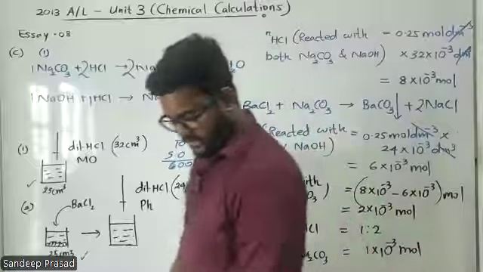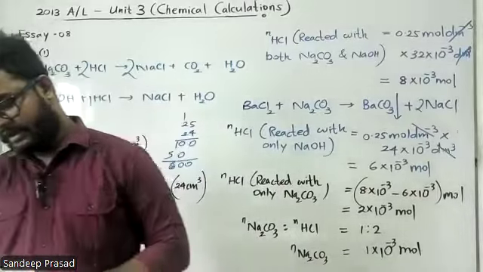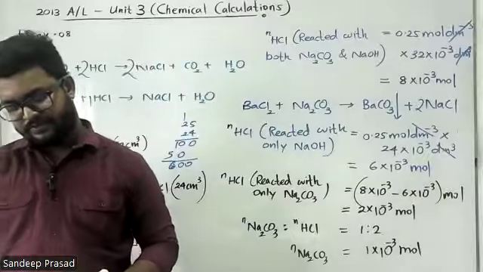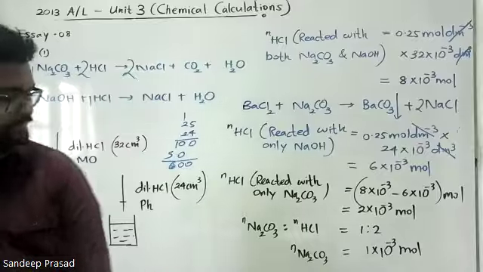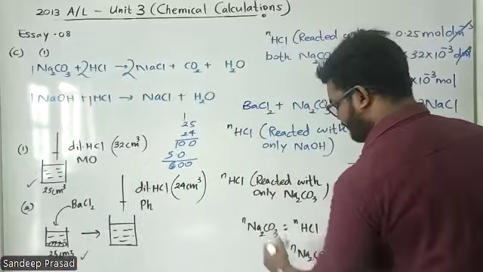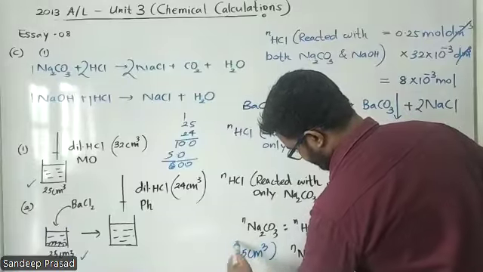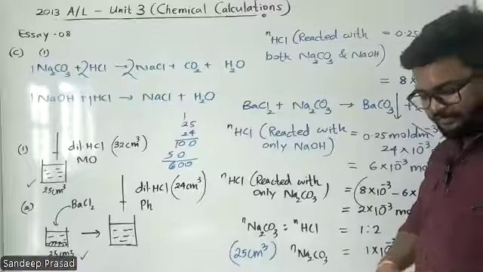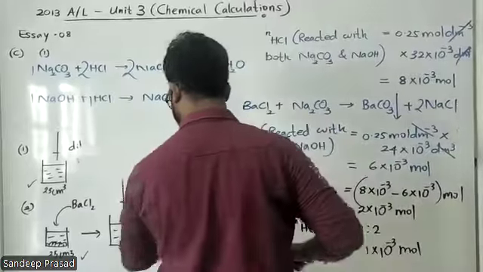So what they're really asking in the question is to calculate the percentage of sodium carbonate in the sample. Now, these are the sodium carbonate moles in 25 cubic centimeter, right? Actually, initially the prepared solution was 500 cubic centimeter.